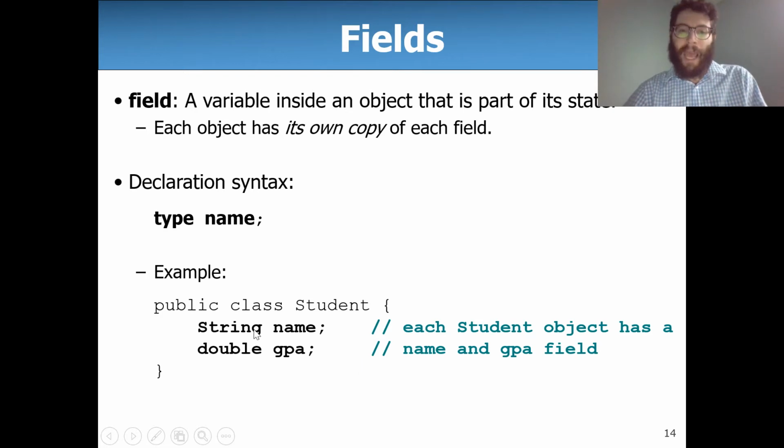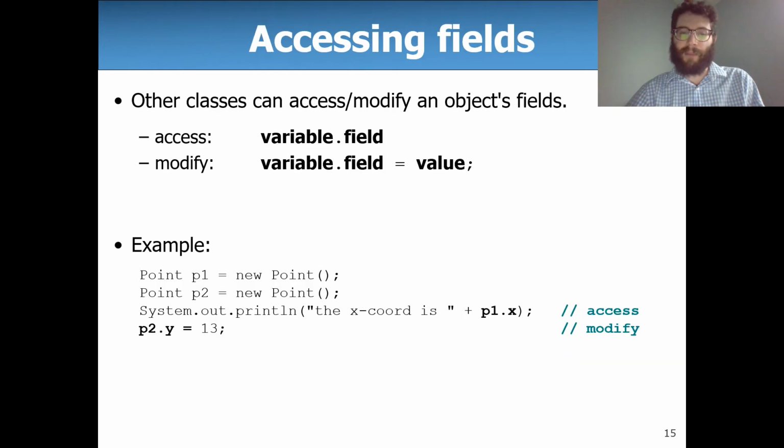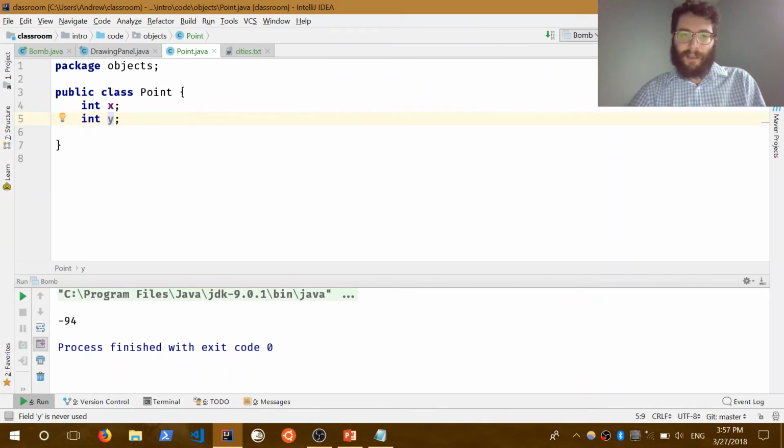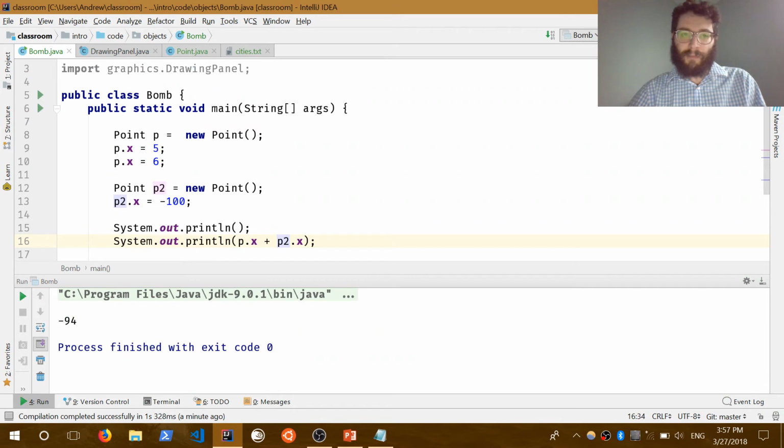If we wanted to add a third line for their major as a string, we'd go string name, double GPA, string major. And each student object would have their own name, GPA, and major. Other classes can see those fields and they can modify them. I've already shown you how to do that. In this one, we can access them and we can also modify them.